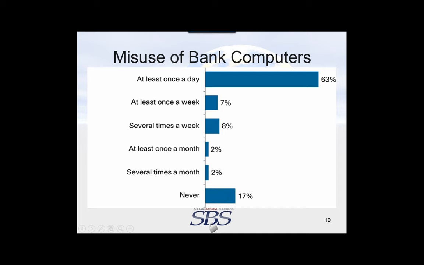And you can see on this, only 17% of folks report that they would never misuse your equipment at your bank. But if I'm going to surf things and look for things that really should be on my personal time, that I'm doing on bank time, or maybe I'm just plugging a USB stick I shouldn't into your network, or whatever it is, just misusing equipment.